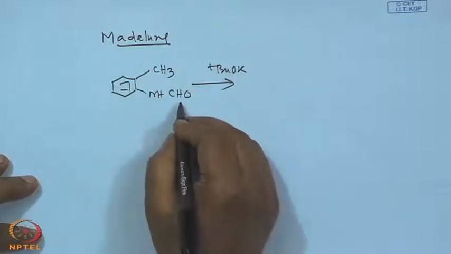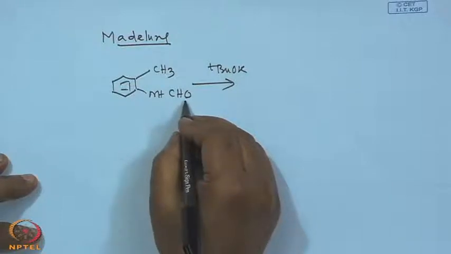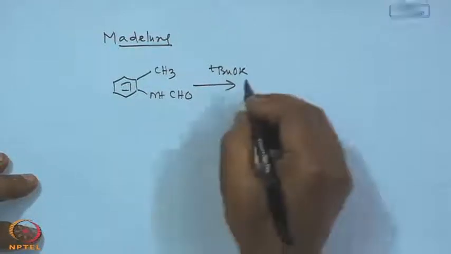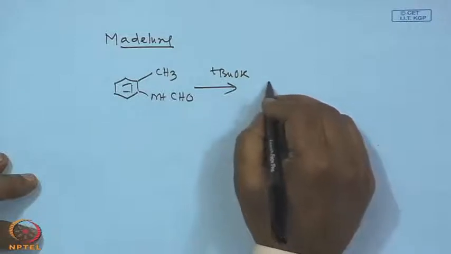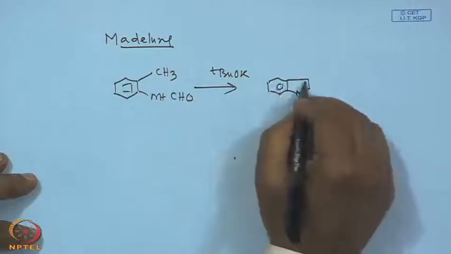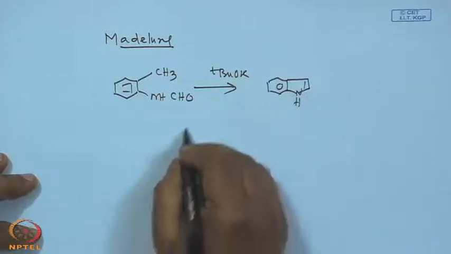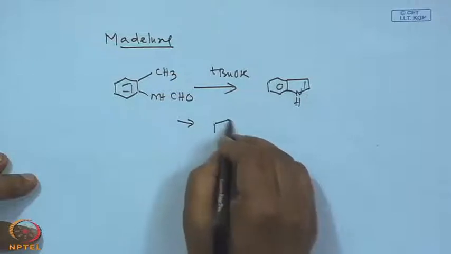Ortho-toluidine can be formylated in the presence of formic acid, and you get the formyl derivative, N-formyl-ortho-toluidine. So, in the presence of strong base, what you will get is the corresponding indole derivative.